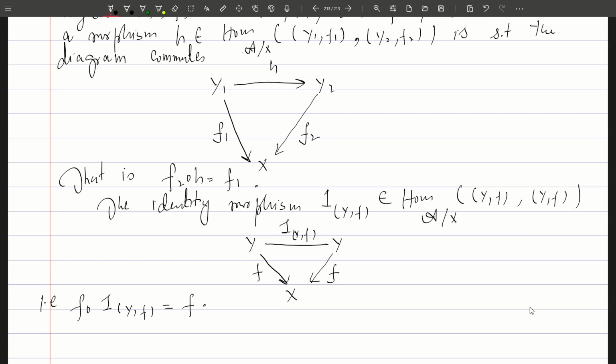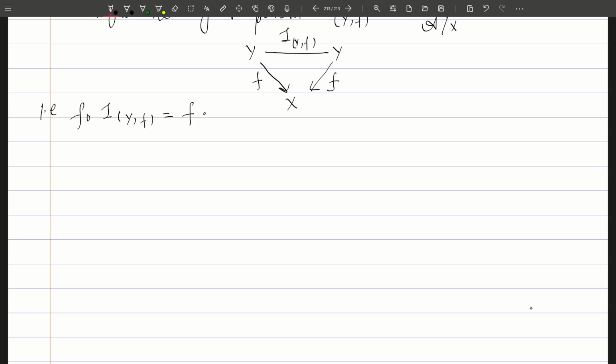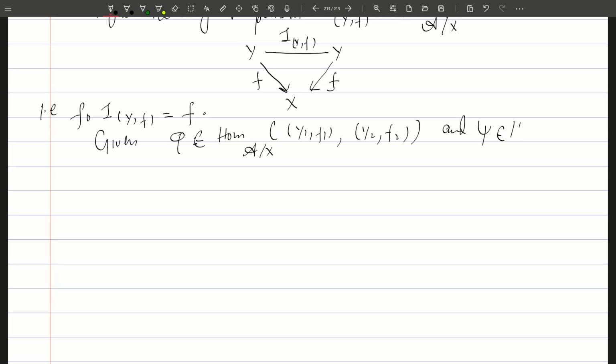Similarly, one can define the composition here. So given a morphism phi in the slice category from the object y1 f1 to y2 f2, and another morphism psi, which takes the object y2 f2 to y3 f3.